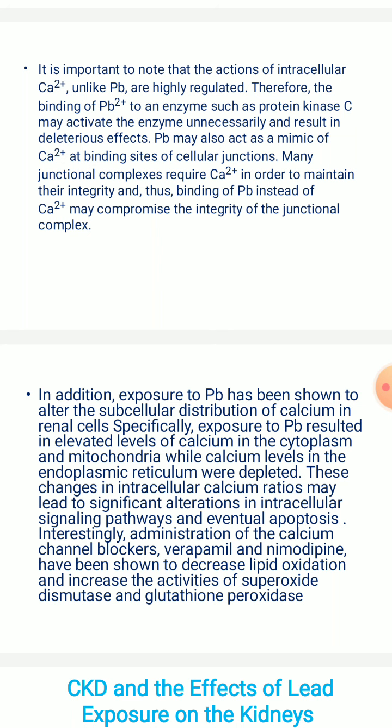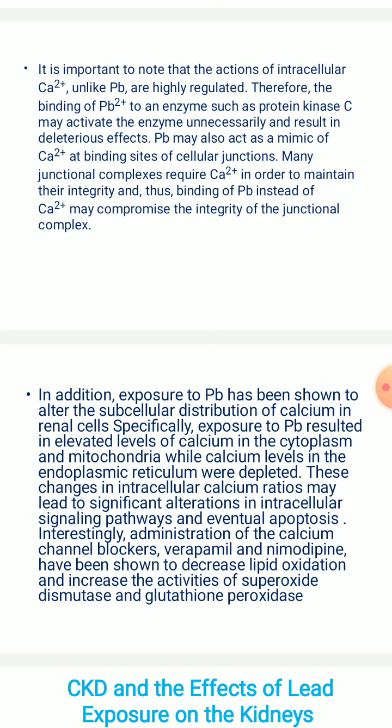These changes in the intracellular calcium ratios further lead to significant alterations in the intracellular signaling pathways, as we have already come across in molecular physiology concepts, and eventually it leads to apoptosis.